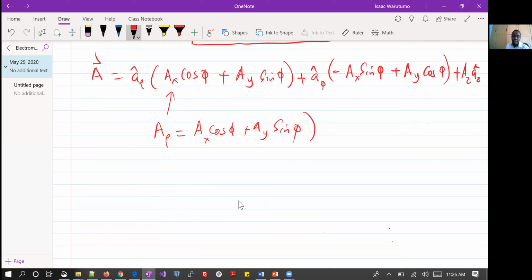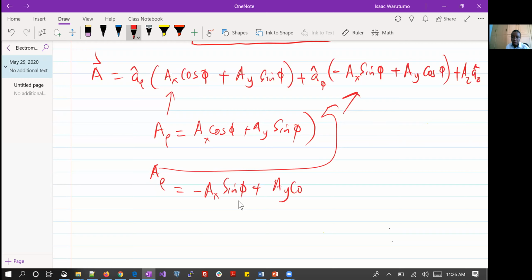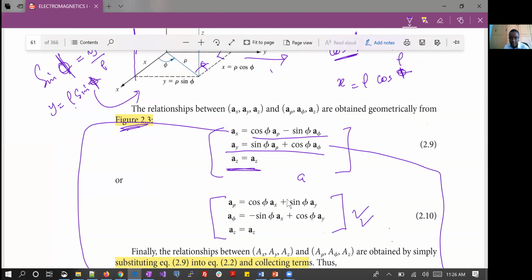And you can do the others for A phi, which is this one right there. Therefore we can simply say that A phi is going to be equal to minus AX sin phi plus AY cos phi.